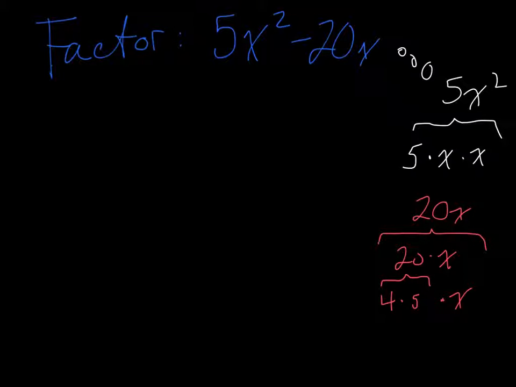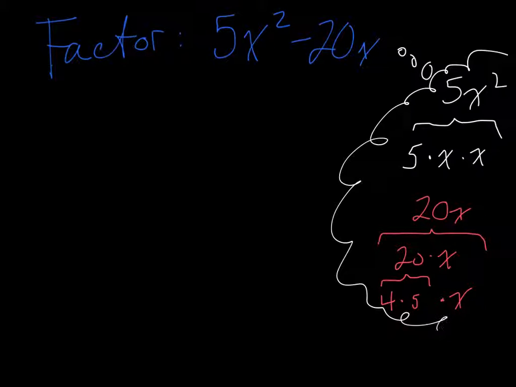So inside this thought bubble of mine, when you're thinking about factors, you have to look at what's common between the two. In both of these, we can see that there's a 5 times x and a 5 times x. And that's what our greatest common factor would be. So that's what we're going to factor out.